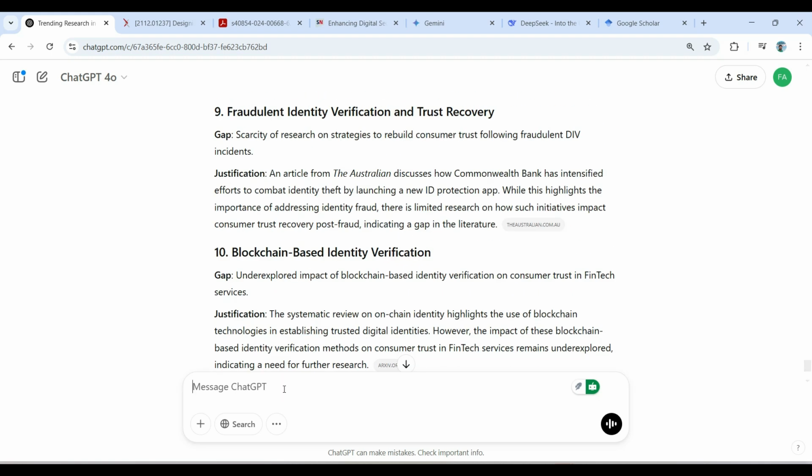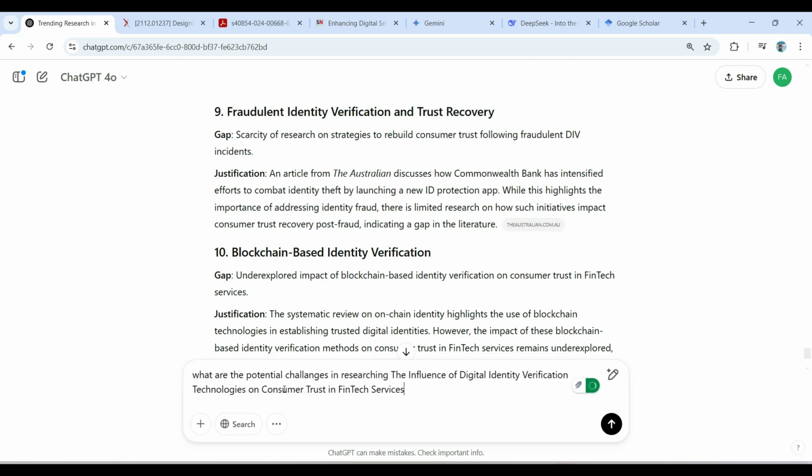The next step will be to validate our research idea. So before finalizing our topic, it is important to check if the topic is practical. So what are the potential challenges in researching this topic that we have already selected? The practical challenges.